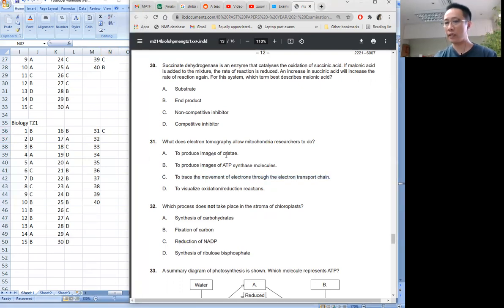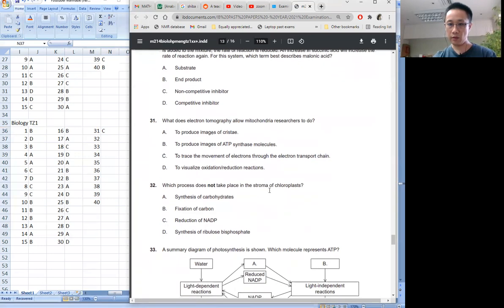Images of crystal, you just use micrography instead of tomography, because tomography is like locating regions which are rich in electrons and regions which are poor in electrons. ATP synthetic molecules, you need X-ray crystallography because those are proteins. I don't think you can actually ever visualize oxidation reduction reactions.